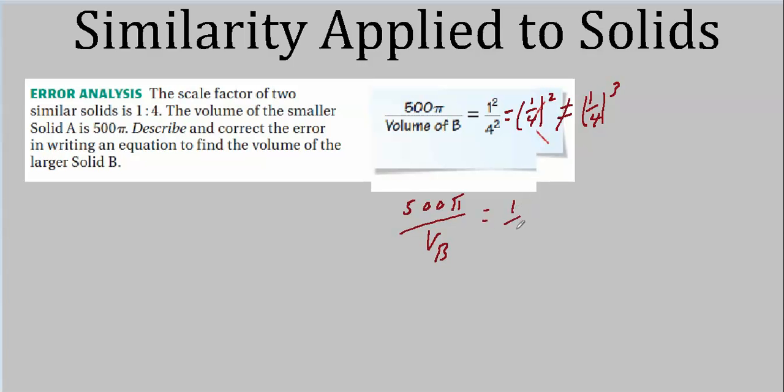I think that's 64, isn't it? 4 times 4 is 16, times 4 is 64. And if we set it up this way, the unknown volume is very easy to find. 64 times 500 pi.